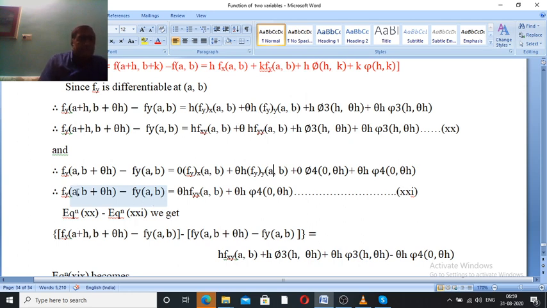Here a plus 0, the value of h is 0, and the value of k is theta h.